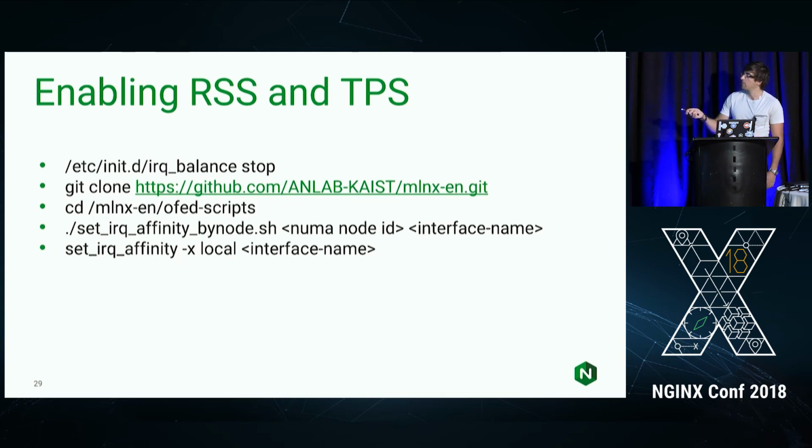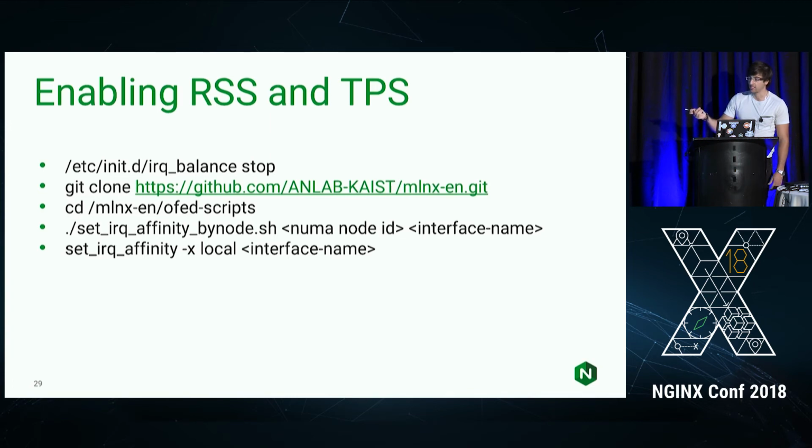You go to this GitHub repo, clone it, and run this script, and what it's going to do is take the interrupt request lines from this interface and bind them to the CPU node. So here it'd be 0 and nickname, and then 1 nickname. So it's IRQ affinity, CPU affinity. We're binding interrupts to CPUs. That's the receive side scaling end.